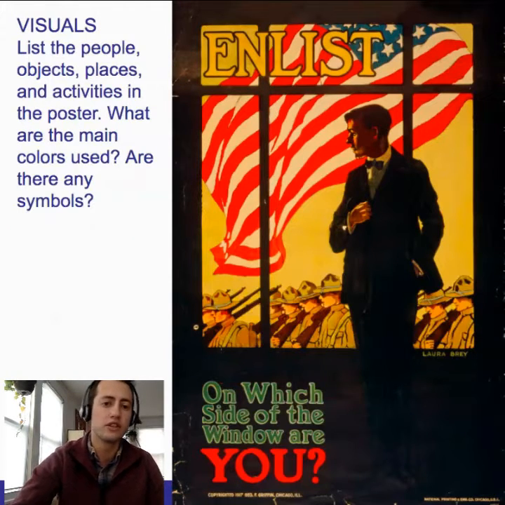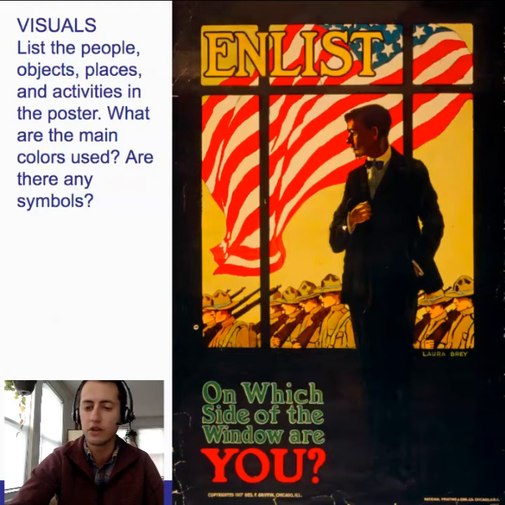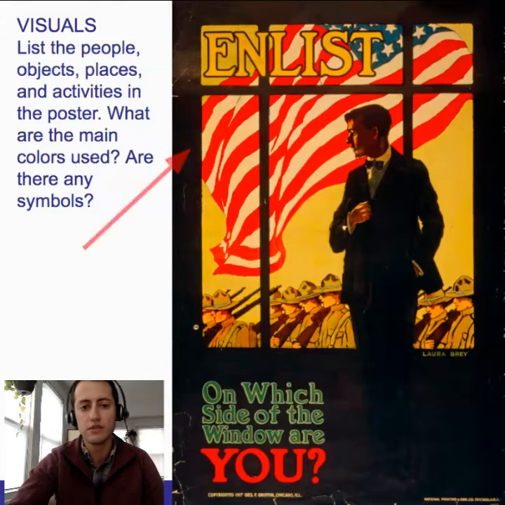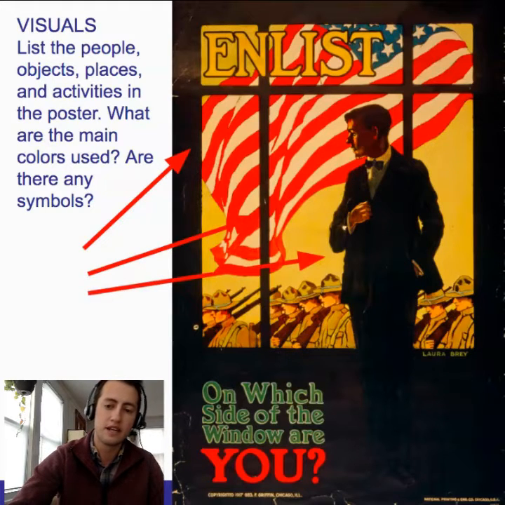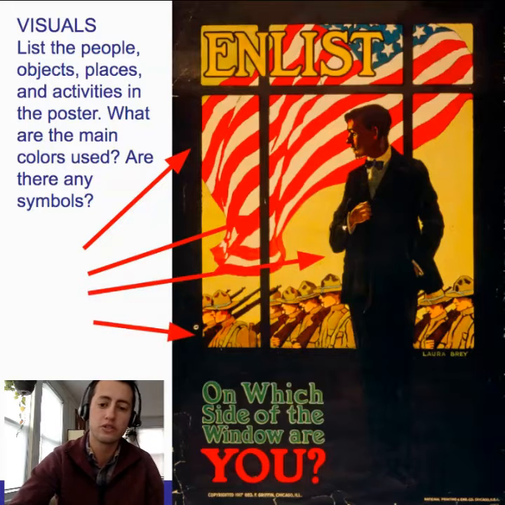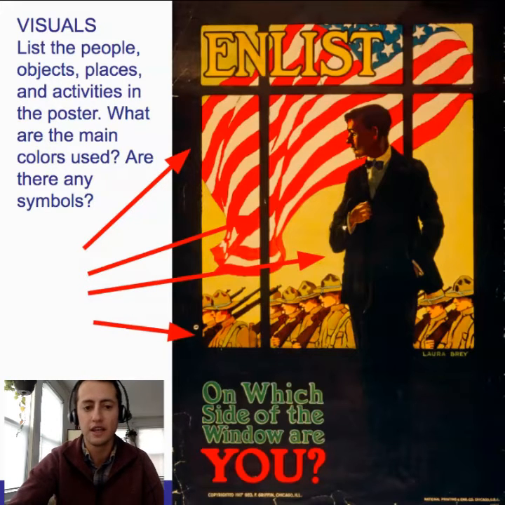The next thing you're going to do is look at the visuals: people, objects, places, activities, and even colors that are used. And of course, with any drawing, you want to look for symbols, like Uncle Sam is a symbol of the United States. So here we've got that big waving flag. We've got the window frame. There's the man standing in the forefront. There's also the soldiers marching behind him.